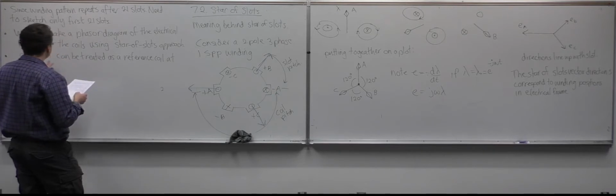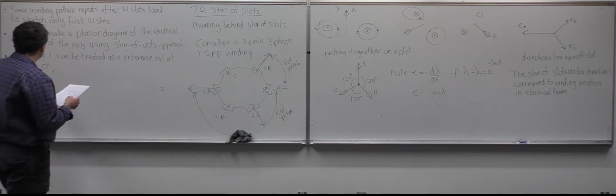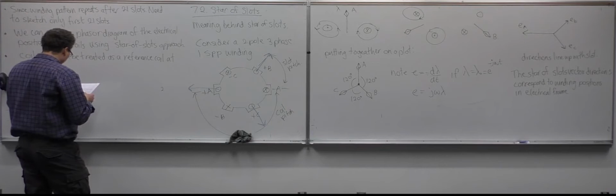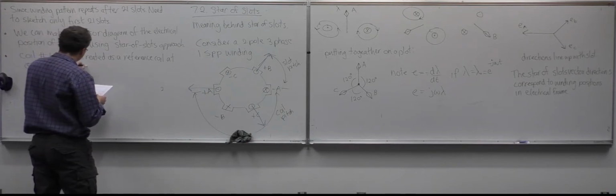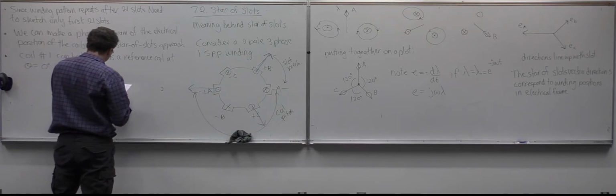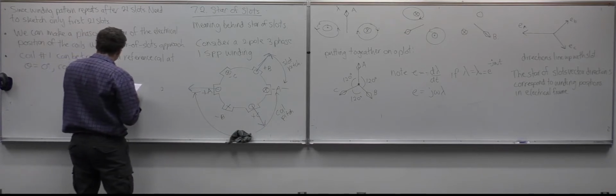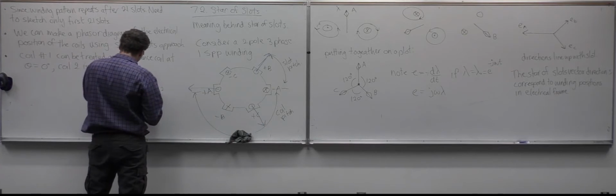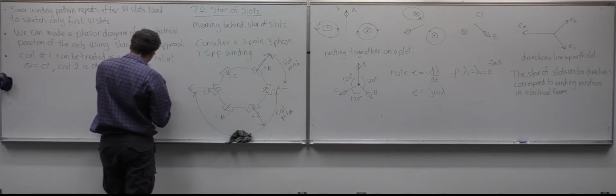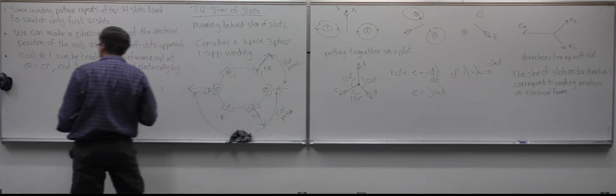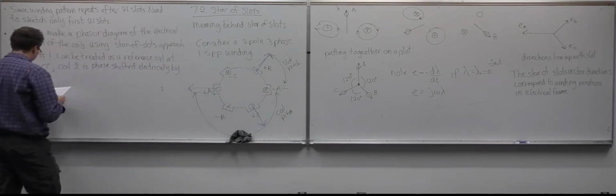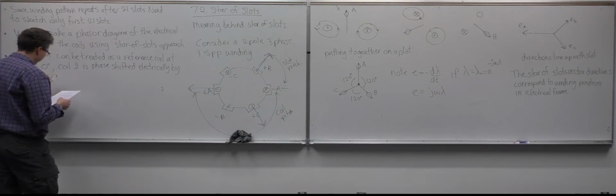So the first coil can be treated as being at 0 degrees, and then coil 2 is phase shifted electrically by 42 and 6/7 degrees.